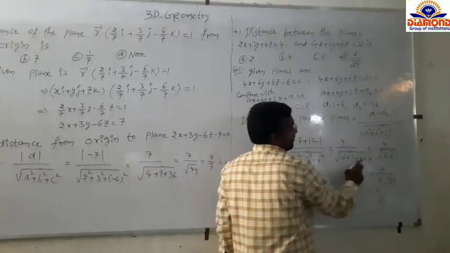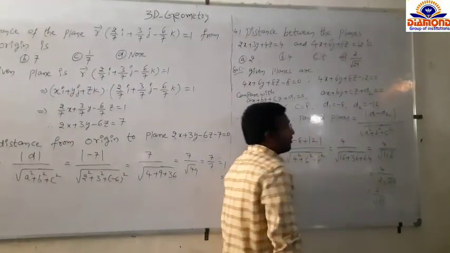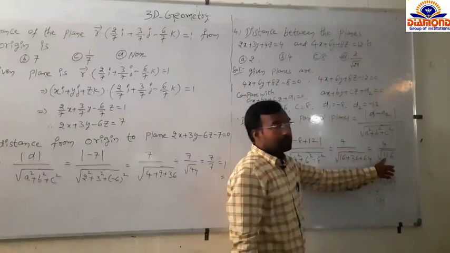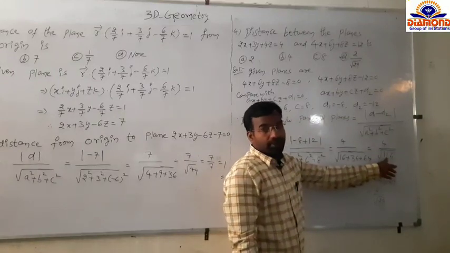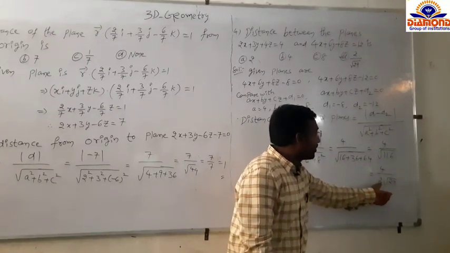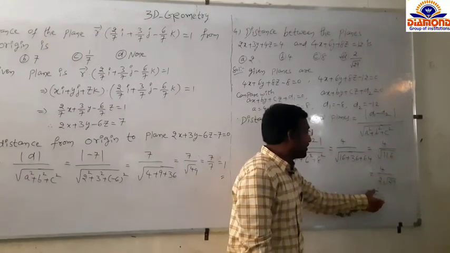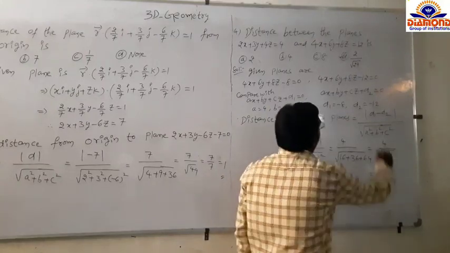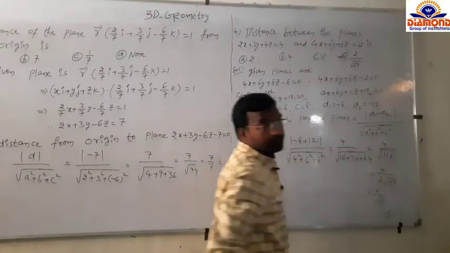This denominator value is 116. So how to remove the root 116? 29 into 4 is 116. That's why root 4 value is 2. So you can write 4 by 2 into root 29. So the final answer is 2 by root 29. So option D.